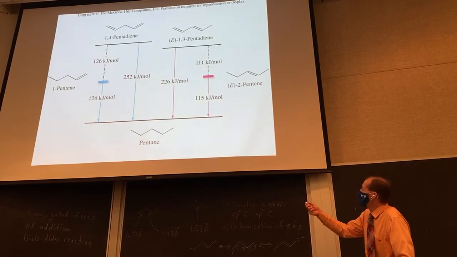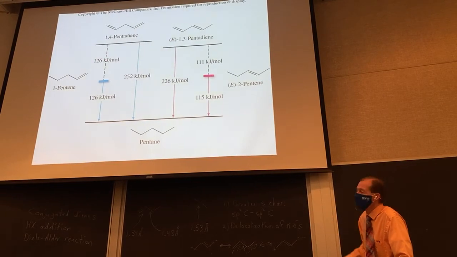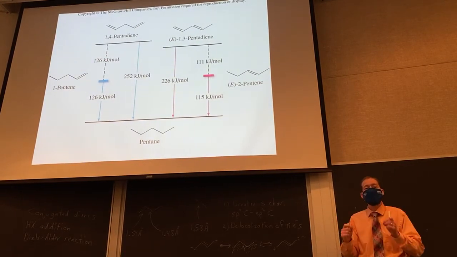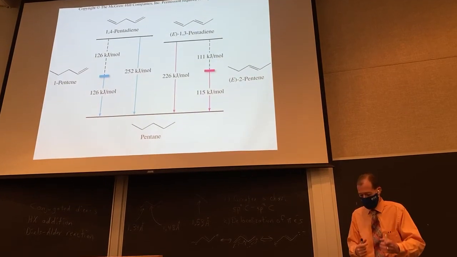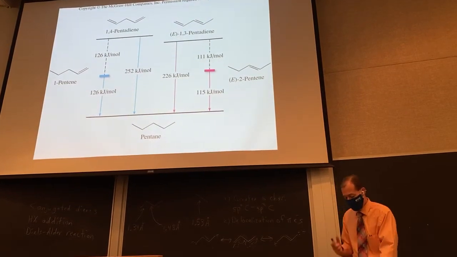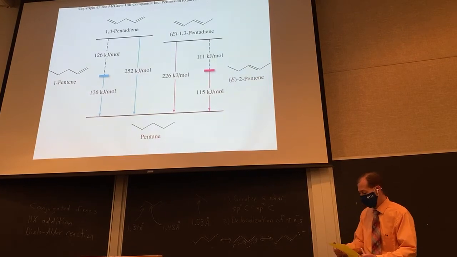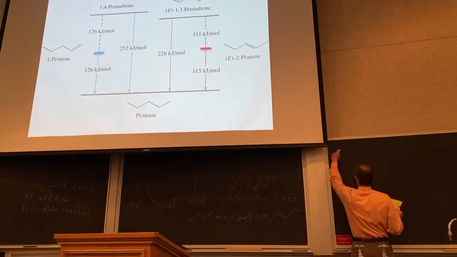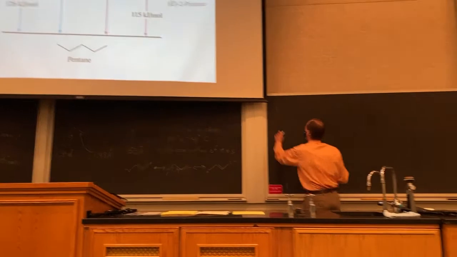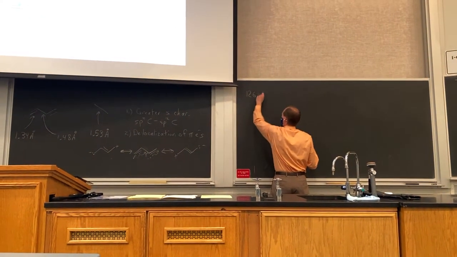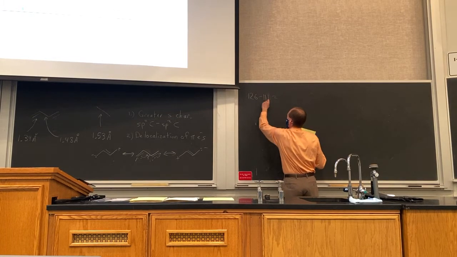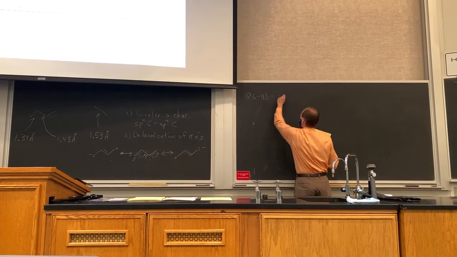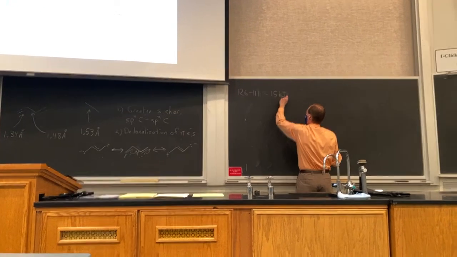So if we subtract this number from that number, we get a value for the amount of stabilization that we gain from having conjugated dienes versus isolated dienes. And so if we do that math, 126 minus 111 gives us 15 kilojoules per mole.